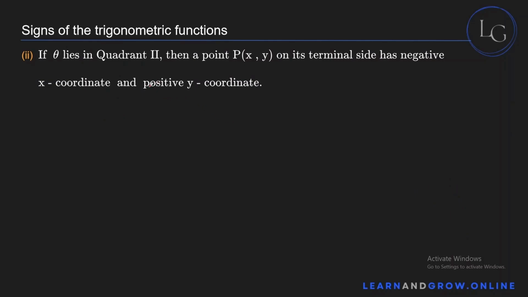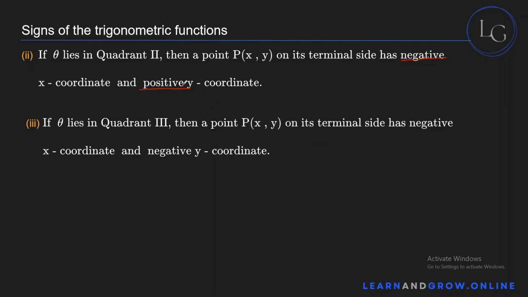If theta lies in quadrant 2, then the x coordinate is negative and the y coordinate is positive, and basically only the sine functions are positive in the second quadrant.